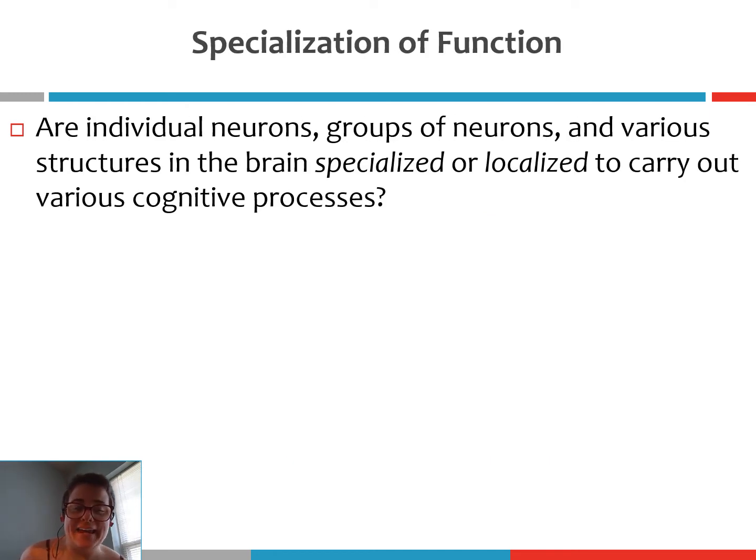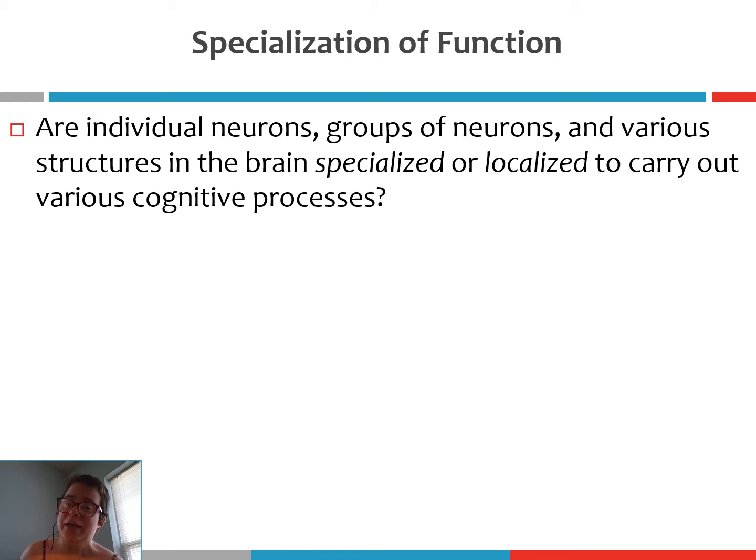Okay, so again, returning to this idea of specialization of function, that central hypothesis or question that we're attempting to explore is: are individual neurons, groups of neurons, or various structures in the brain specialized or localized to carry out various cognitive processes?